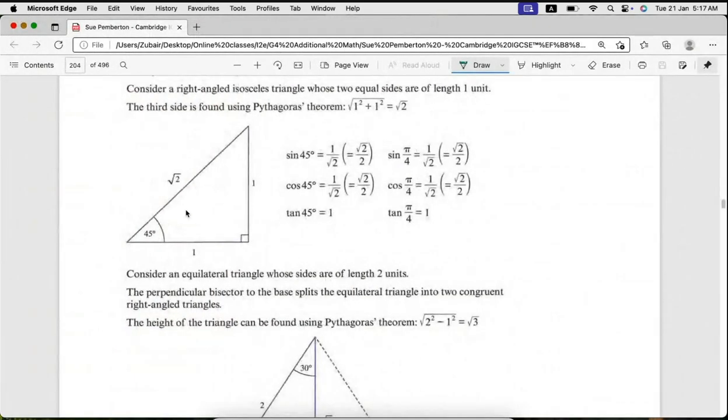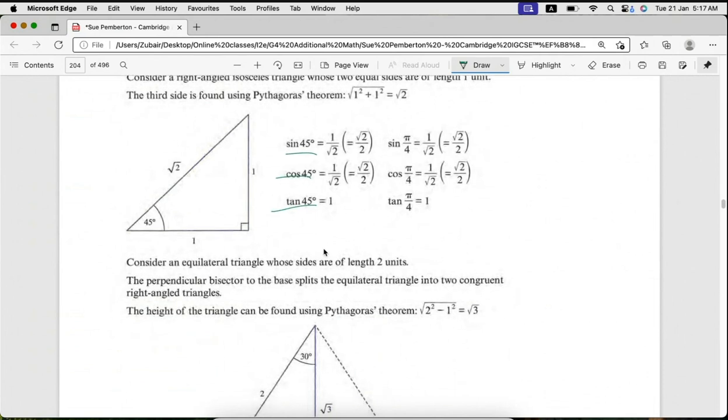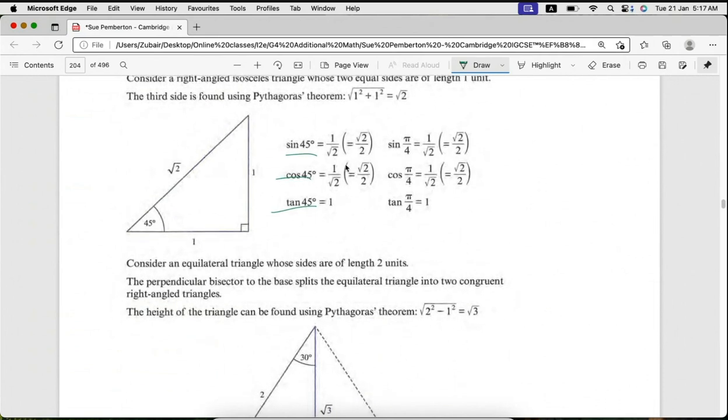So the triangle of 45 is done: sine, cos, tan 45. And definitely we can also change them into radians. For radians, we know that 45 is 180 divided by 4, so 45 will be pi by 4, and pi by 4 with pi by 2.